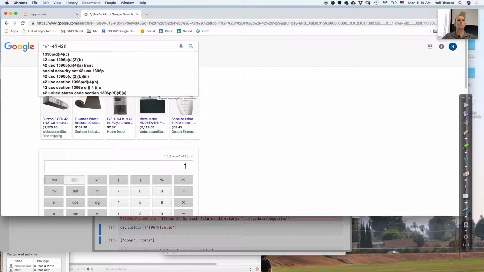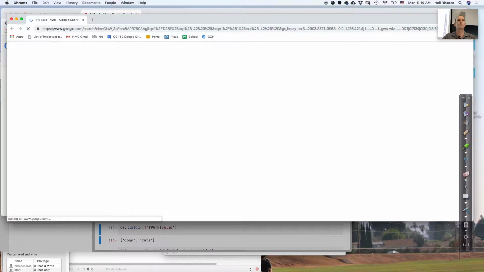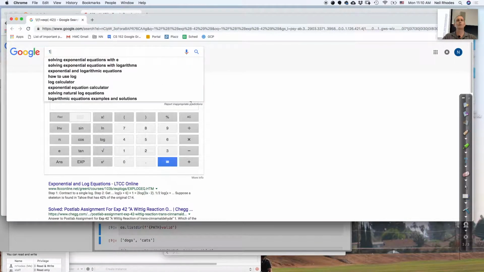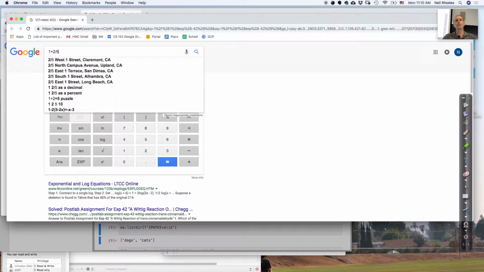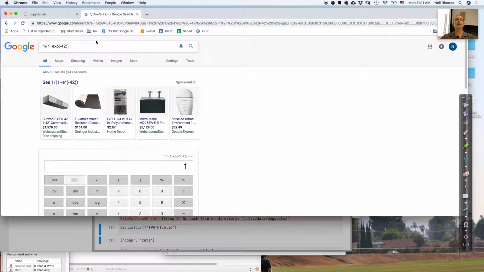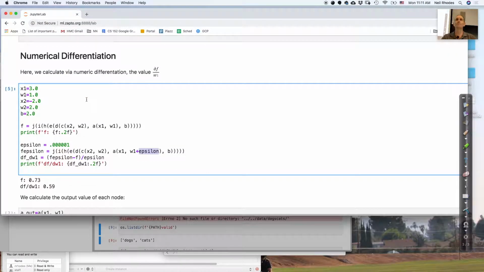Okay, so, all right, 1 plus 2 divided by 3. That works. Okay, so I was doing this all using this calculator, and it turns out to be very difficult to debug if you get something wrong, and there's a lot of parentheses to go wrong. So I found that Jupyter Lab was a much easier way to go.